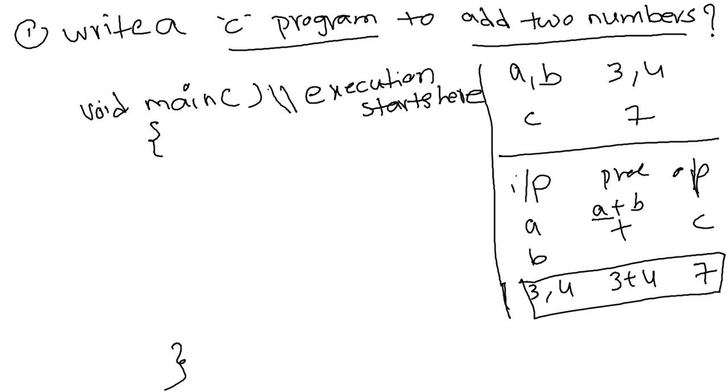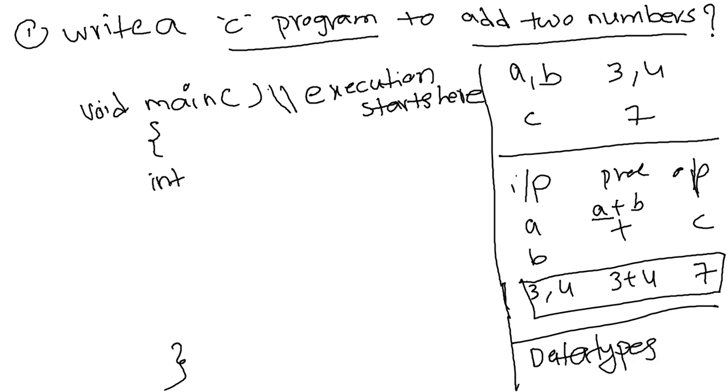And computer doesn't know what is 3 and what is 4. To make the computer understand the values 3 and 4, we have the concept called data types. Data type will say what type of data it is and how much size of the data we are taking.